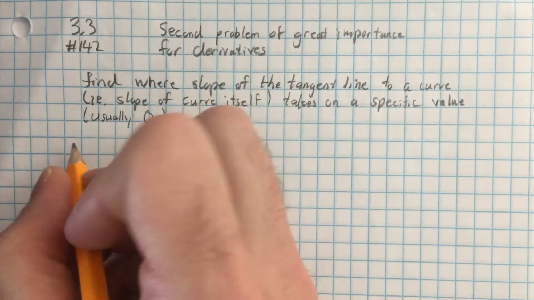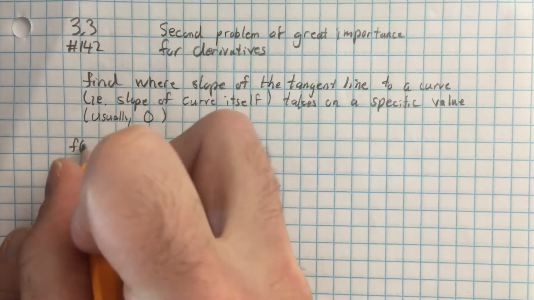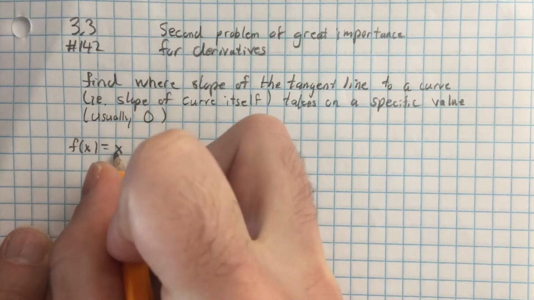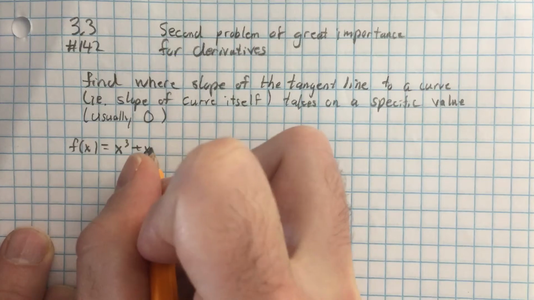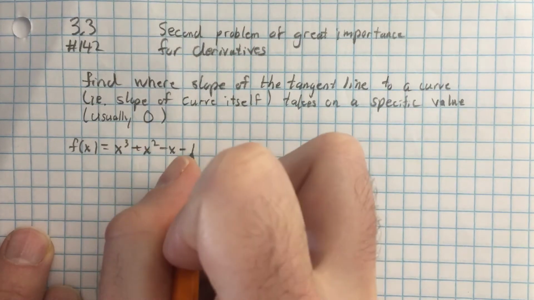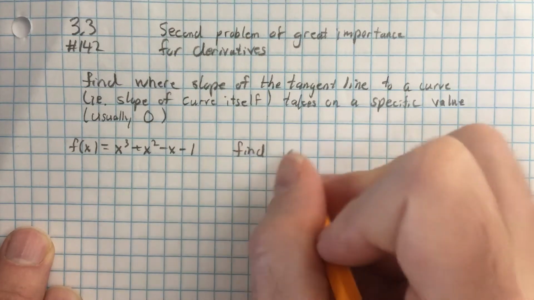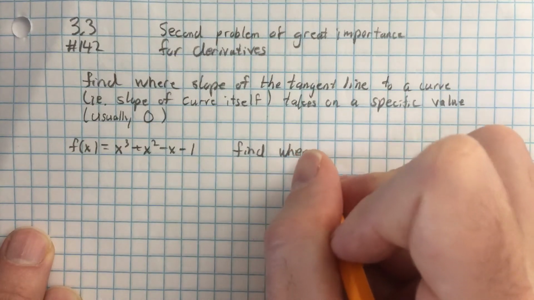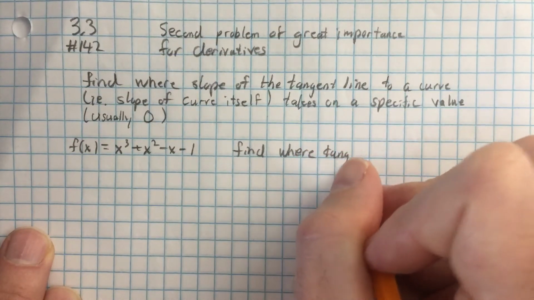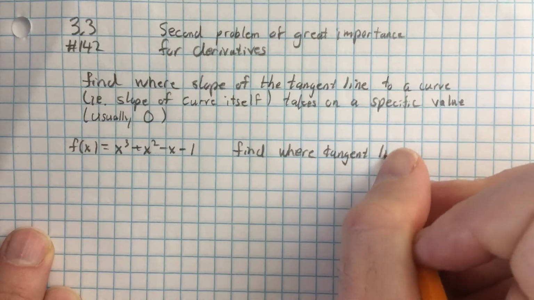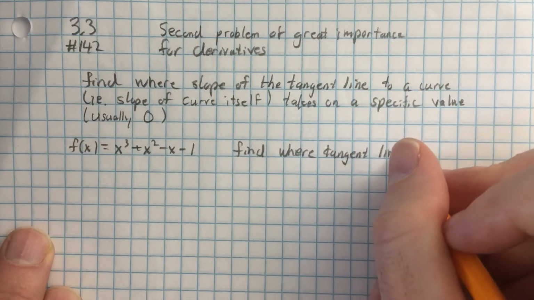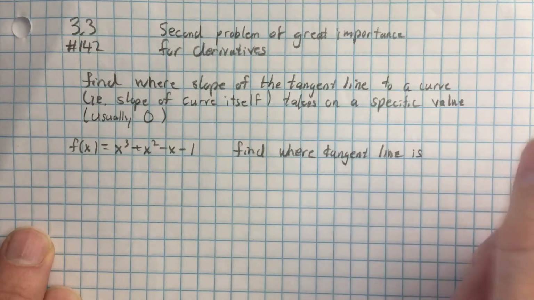So here we have f of x equals x cubed plus x squared minus x minus 1. I want to find, they said, where the tangent line is horizontal.